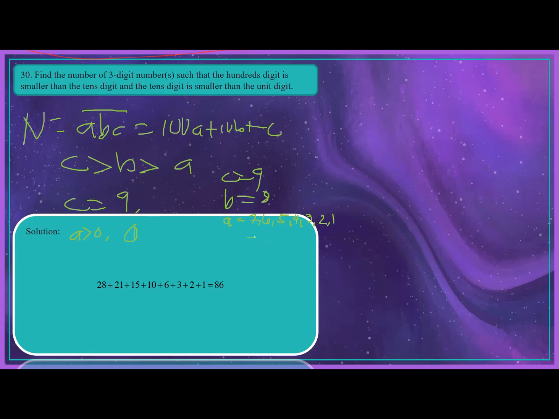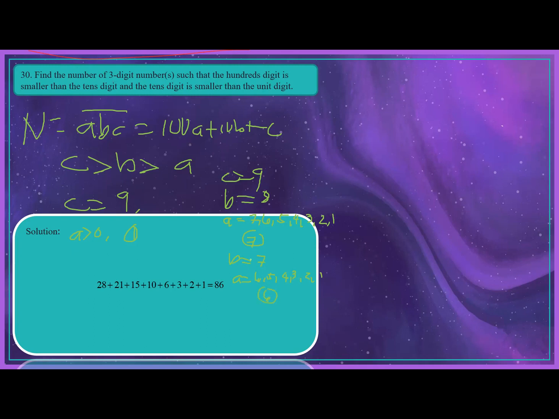So 7. Okay. When B is 7, A can be 6, 5, 4, 3, 2, 1. That's 6 cases.